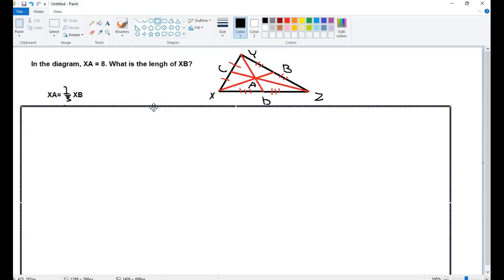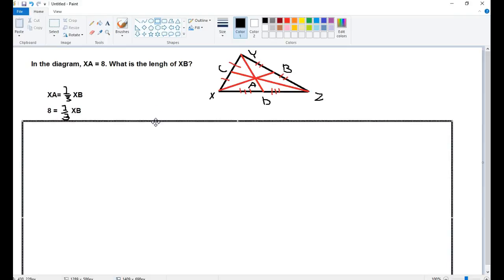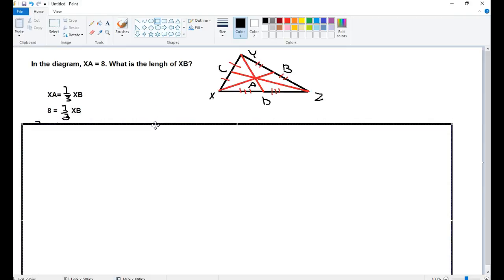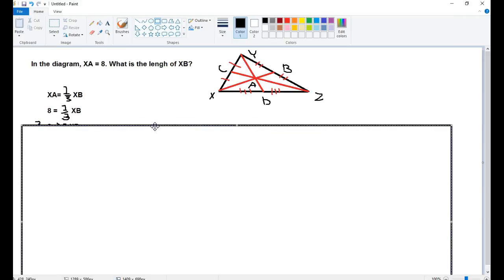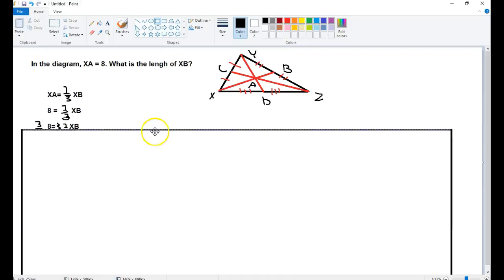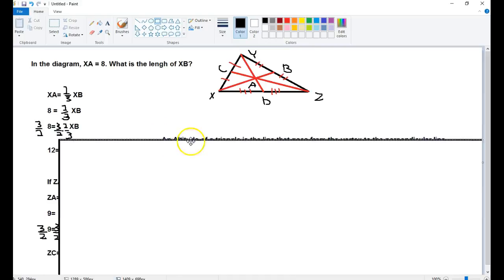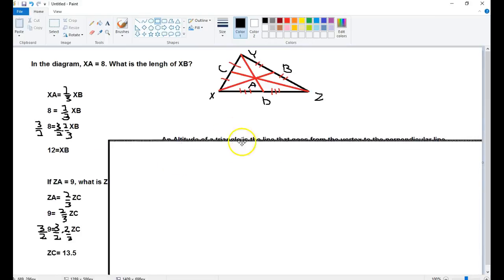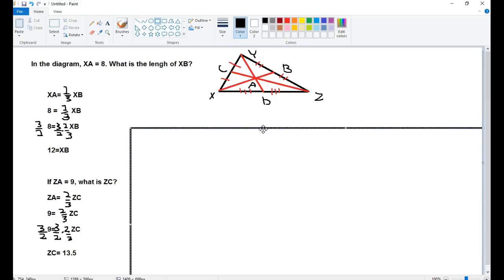So I can set up XA equals 2/3 XB and plug in what I know. That means 8 is equal to 2/3 of XB. Then I can multiply both sides by 3/2, and I get that 12 is equal to XB, because 3/2 times 8 is 12.